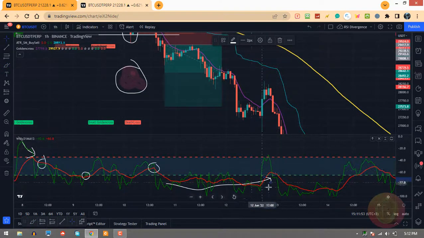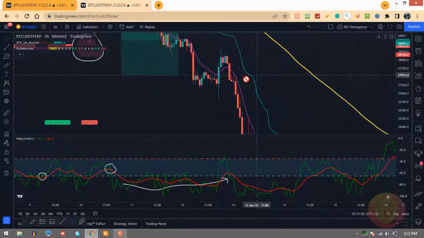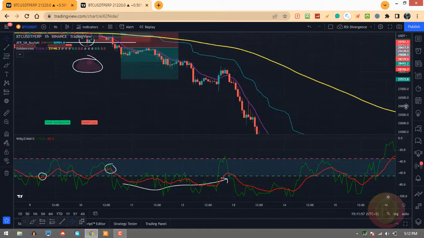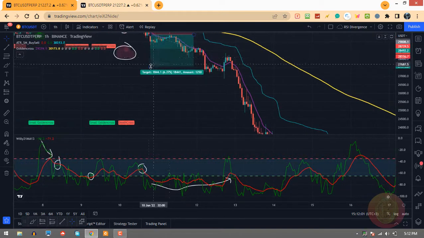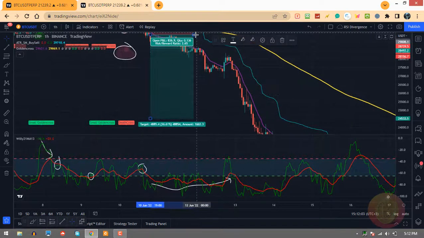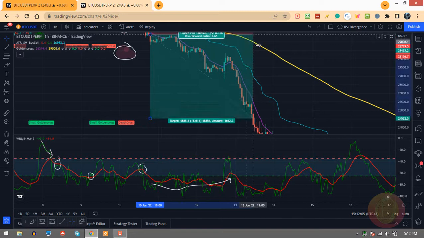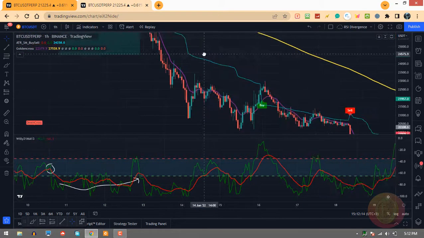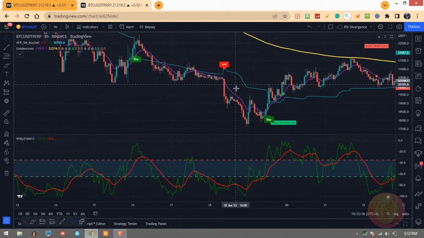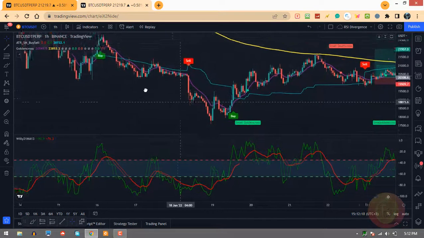If I extend it, you see it stays below the channel for a long period. You can continue your profit as long as it stays below the channel that I highlighted, which I found most suitable with this strategy.